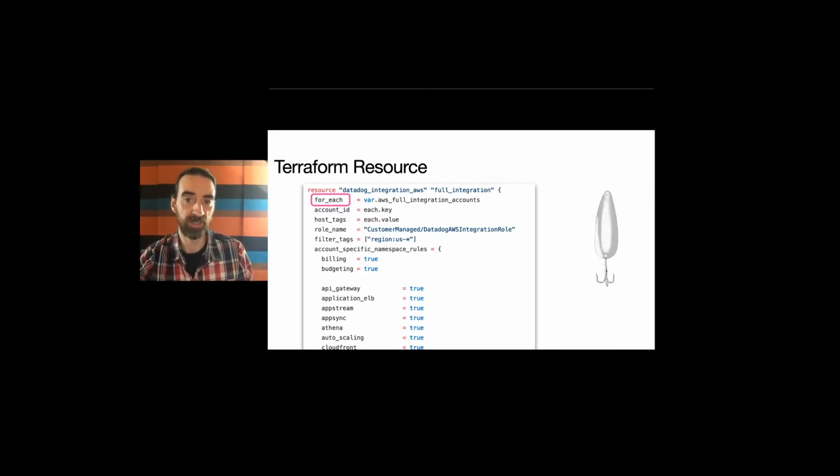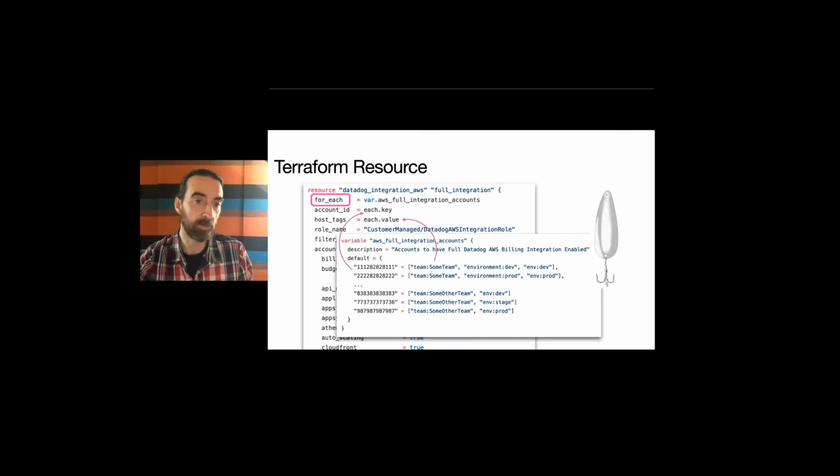So with this for_each expression, it can take a list or a map as input, and in our case, we are using a map, as I showed you. The map has the account ID on the left as a key, and the host tags as the value. And together, with that one variable plugged in here, it will create multiple resources in the back end with just this one resource definition. So right there, we have all of our integrations taken care of.